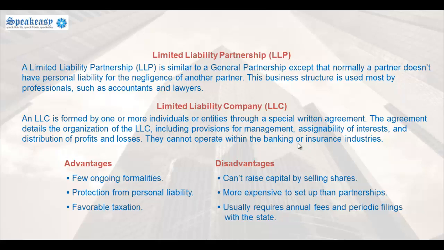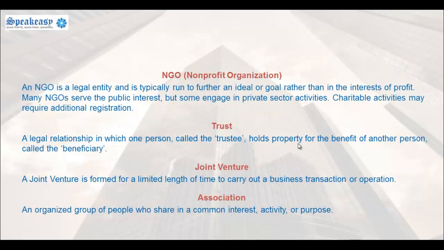They cannot operate within the banking or insurance industries. An NGO is a legal entity and is typically run to further an ideal or goal rather than in the interest of profit. Many NGOs serve the public interest, but some engage in private sector activities. Charitable activities may require additional registration.